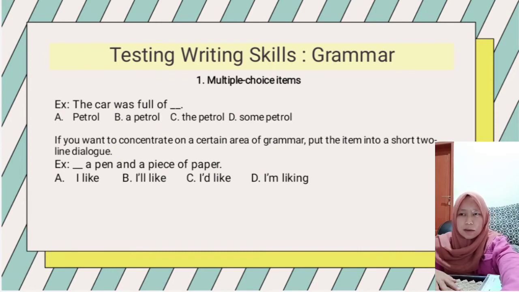So this slide is an example about multiple choice items. Example, the first, the car was full of, and you can see the slide. And number 2, blah blah blah, a pen and a piece of paper.